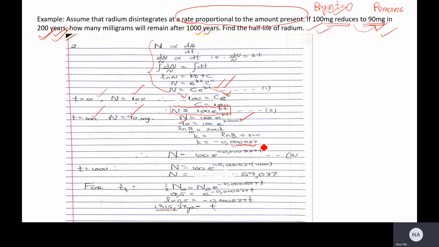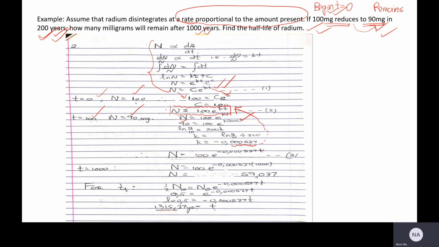Now take that value, substitute it back into there, because that's the equation that you can work with for this particular problem. So I get 100 e to the negative 0.0000527 t, and now I can answer the questions.